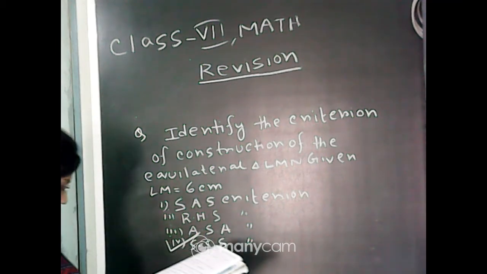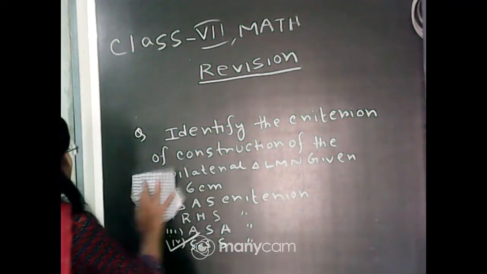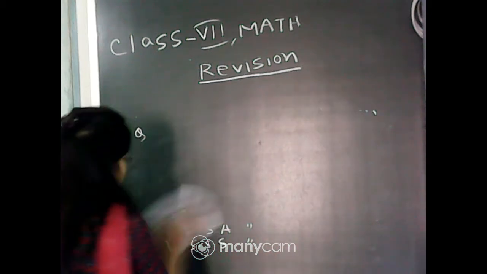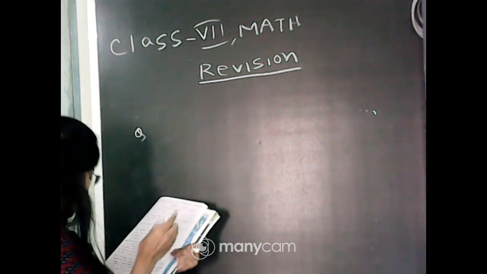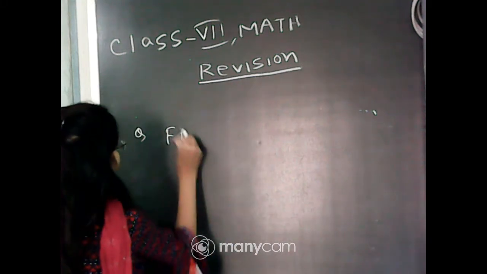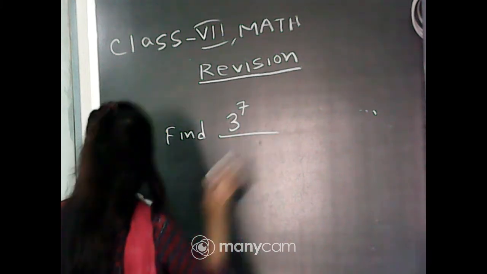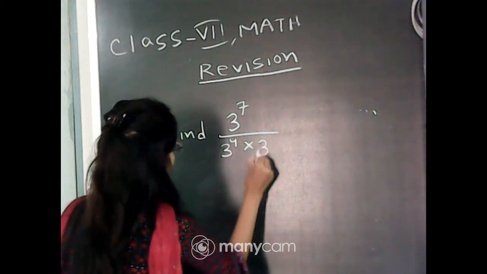Next question is, find the value of 3 to the power 7 divided by 3 to the power 4 into 3 cube.